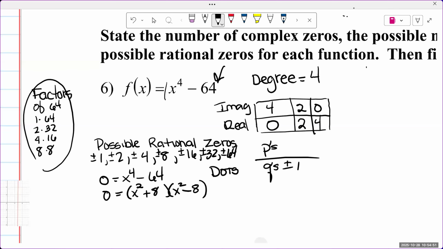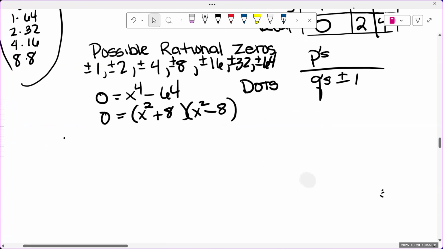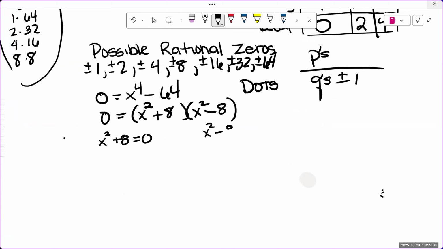Okay, so we were able to break the degree 4 polynomial into smaller pieces. So now we could just set these equal to 0. x squared plus 8 is equal to 0. x squared minus 8 is equal to 0. Let's add 8. x squared is equal to 8. Take the square root. When you take the square root of x squared, you're going to get plus or minus.